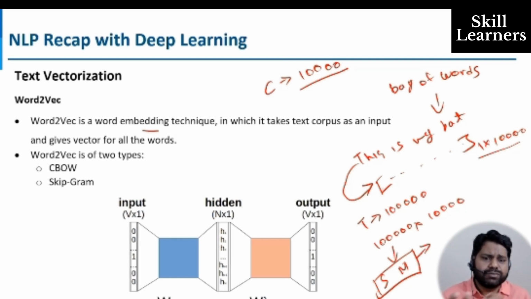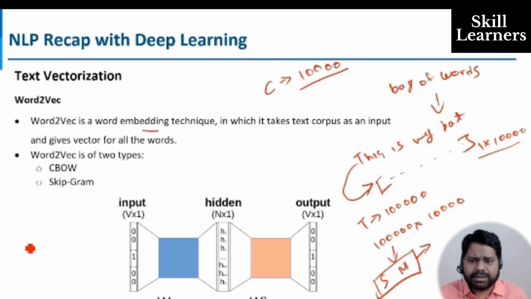One of the word embedding techniques is word2vec, where instead of uniquely identifying or giving weightage to each word, we do the word embedding with the help of features. Let's understand how it works.